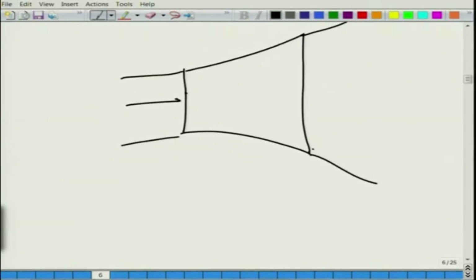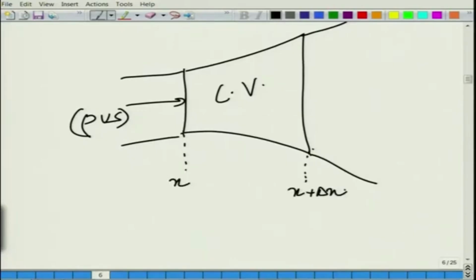Now, there will definitely be some amount of fluid entering within the control volume. So, I will write it CV, control volume, and there will be some volume of fluid entering. So, rho u S at x. Let us say this section is x, this is x plus delta x.